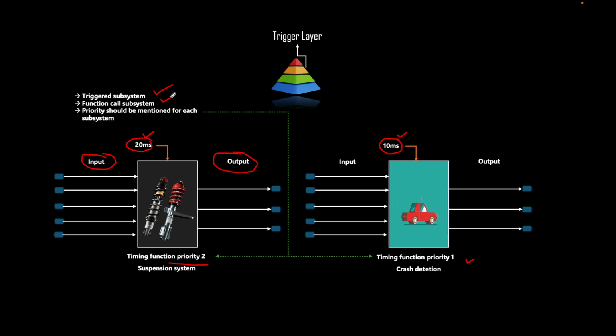Then in the description part, you need to give what the function is all about, and in the block name you can also give the priorities, what priorities it has, and how it should be implemented. For the function call, it could be either an edge trigger, an enable subsystem, or a function call subsystem.